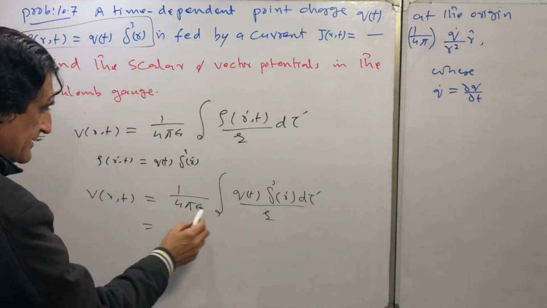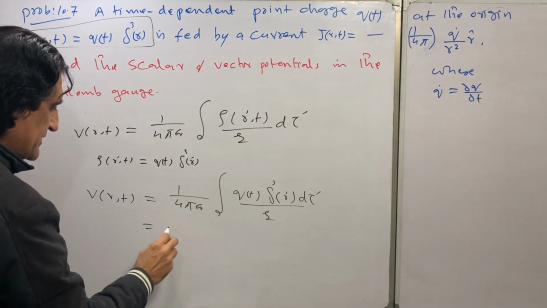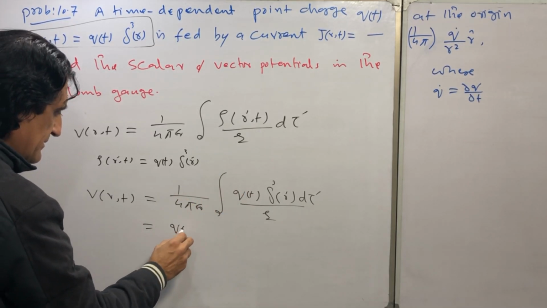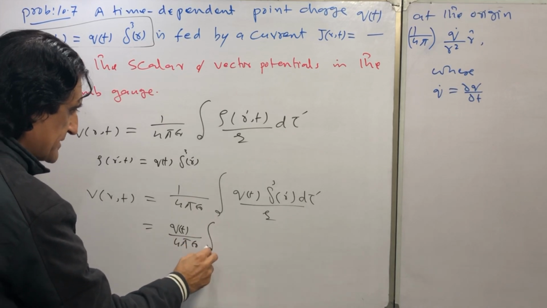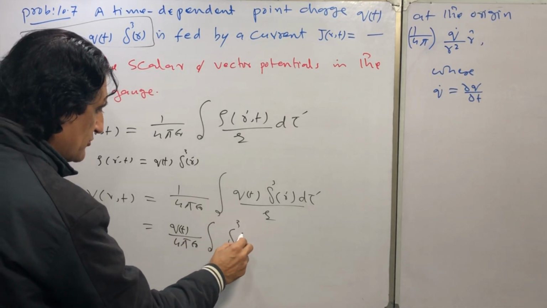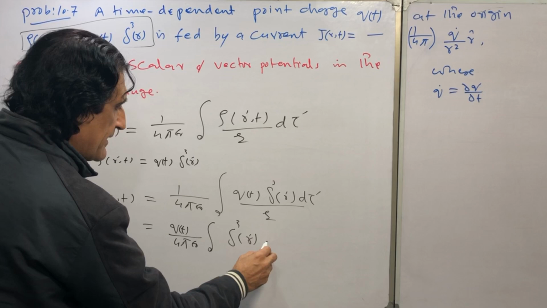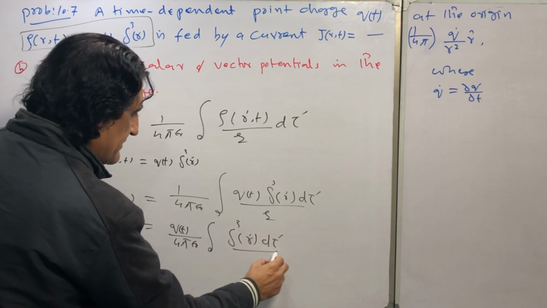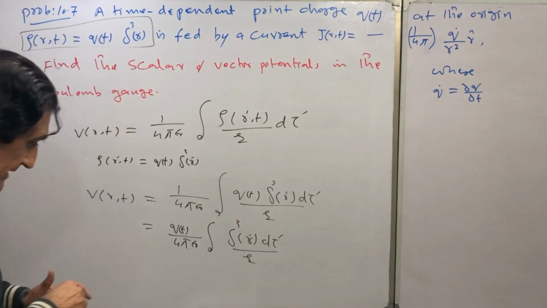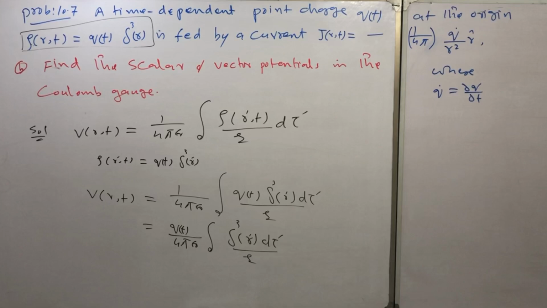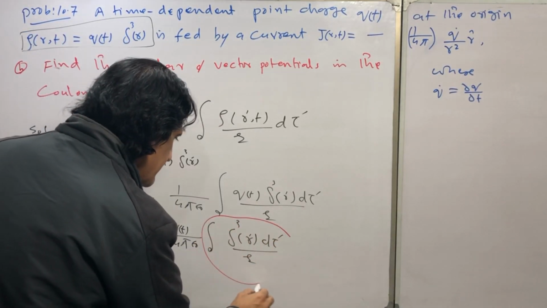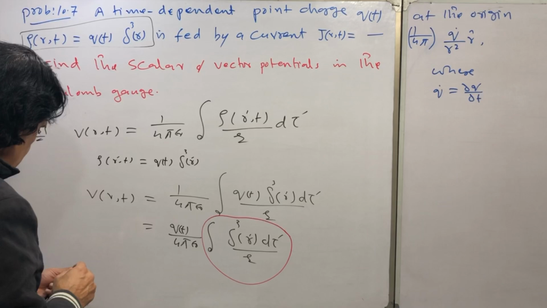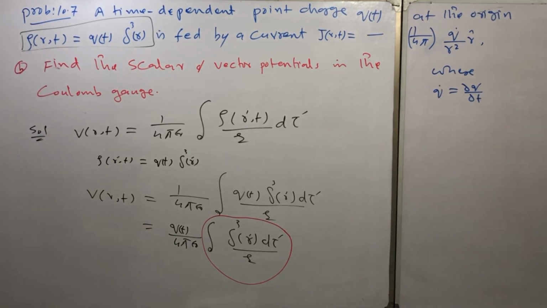And we can take this q of t outside, with 4 pi epsilon naught and the integral of delta cube of r prime d tau prime divided by r. And this integral is equal to 1 over r.